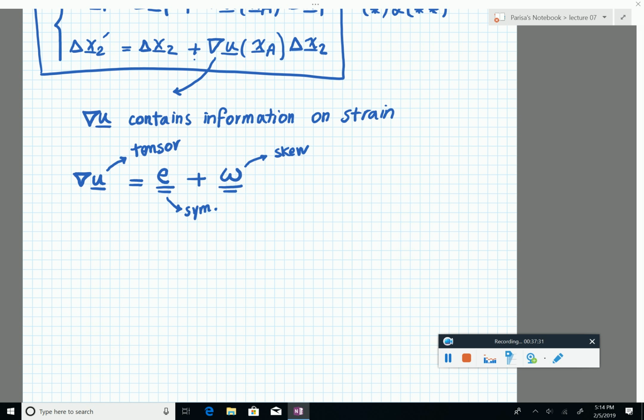And now, do you remember how these symmetric and skew symmetric components relate to the tensor? I give you 2 minutes to make sure everyone is awake to just try to download the information from whatever knowledge, whatever you remember. Please remember. It was in the homework.